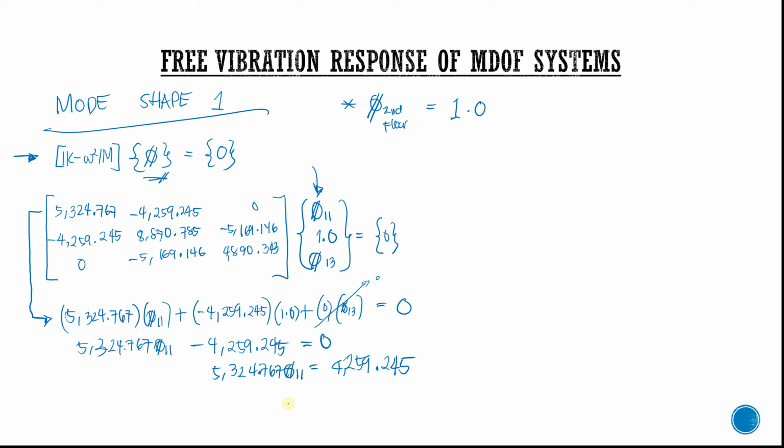And from there, we'll be able to calculate our mode shape 1 for the first floor. And that is equal to 0.8.